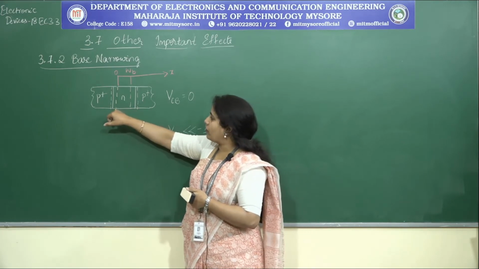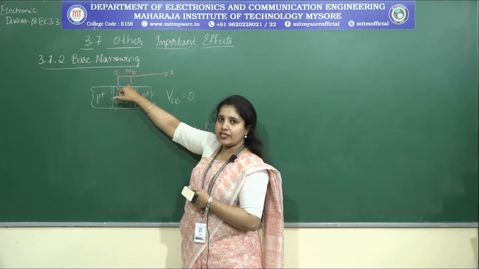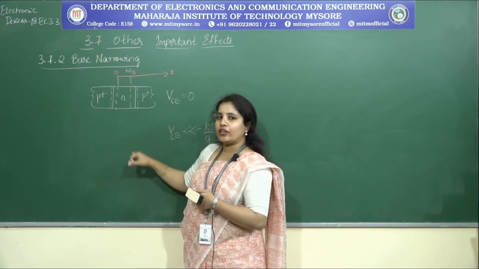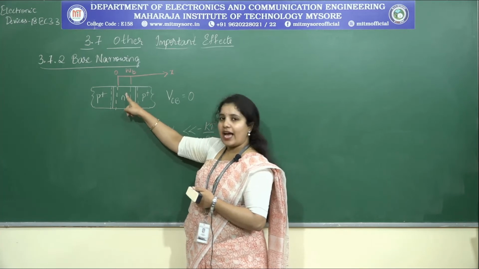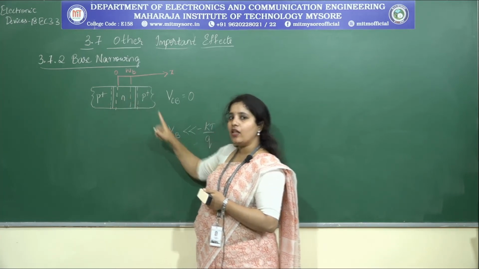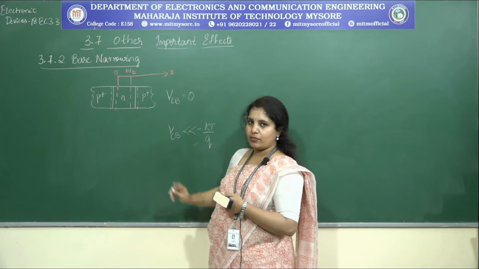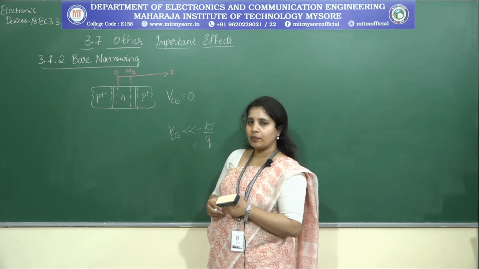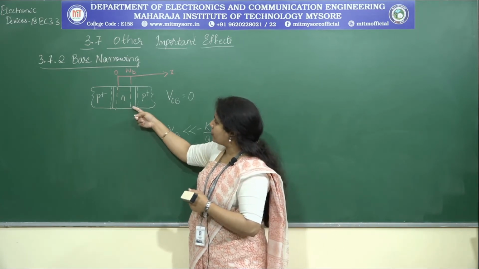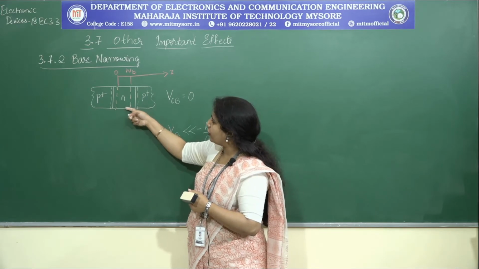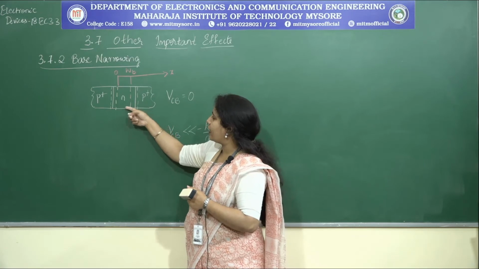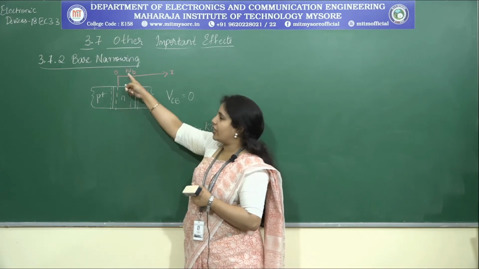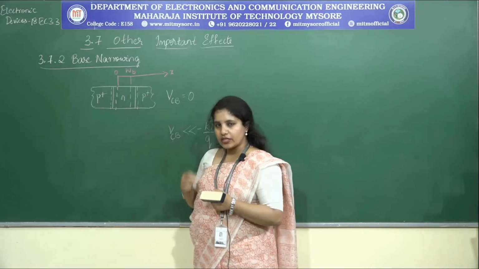Tell me, will the width of the base that I had seen in this case be greater than that of the other case or smaller? This case has a base width which is greater than when I increase the reverse bias potential. Getting my point? Why? Because this depletion region is tending to encroach the N-type material. It is trying to occupy the N-type base region. As a result, the base width that I could see tends to get reduced.